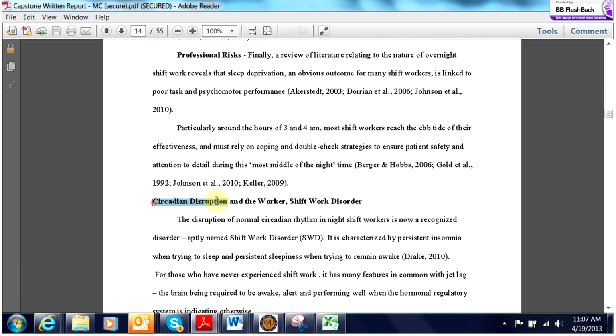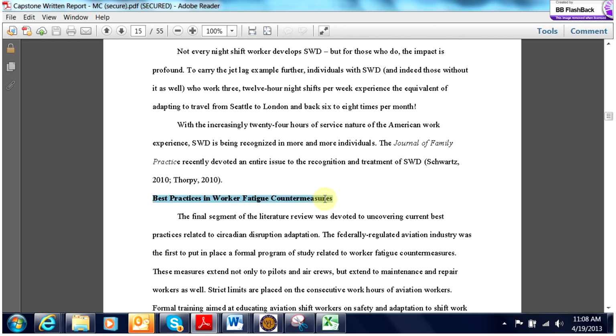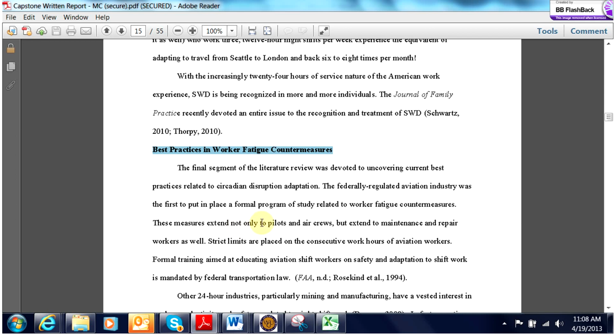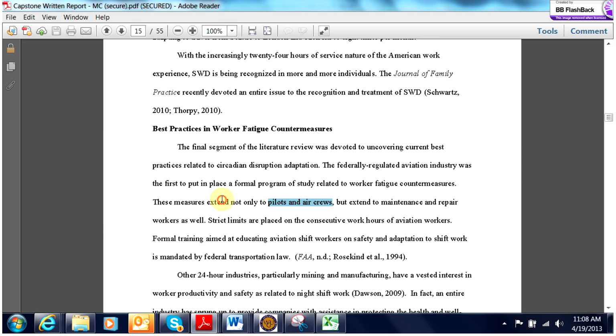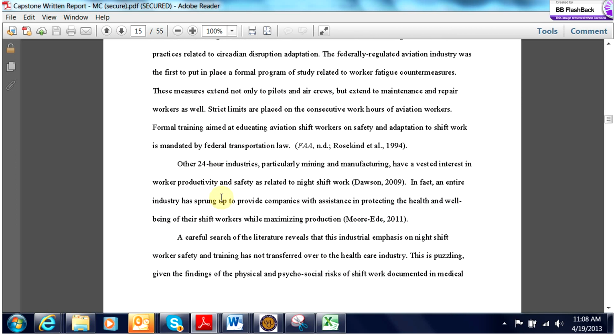Then she went on to talk about how shift work participates in this disruption. She also presented best practices that she found from evidence. And note here, she didn't just stay in nursing when she went to her literature review, because pilots, other shift workers were valuable to her knowledge. They transferred to her topic, so she used them.